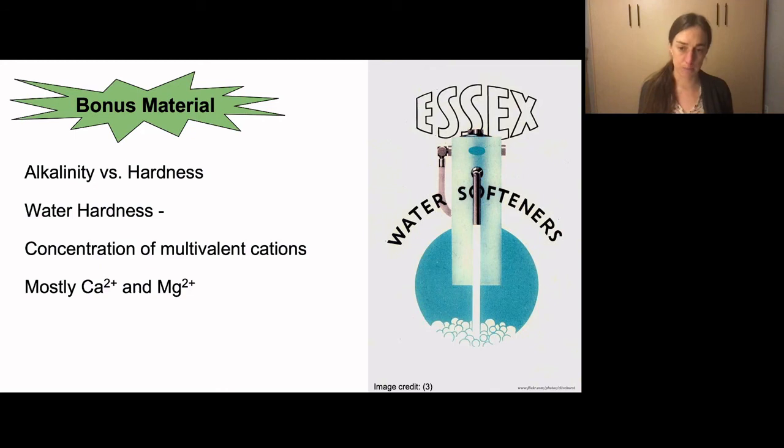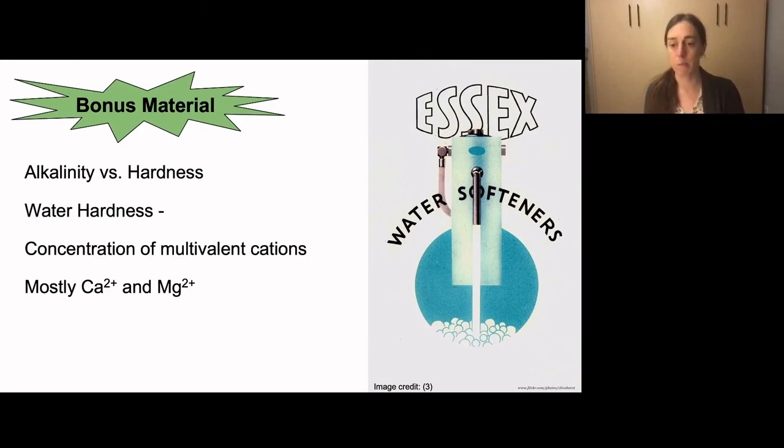So what people do, and you may have a water softener in your house, is add salt to your water softener and you allow your water to move through that salt, and that's going to dissolve some of those ions and complex with your calcium and magnesium and reduce the hardness of your water.